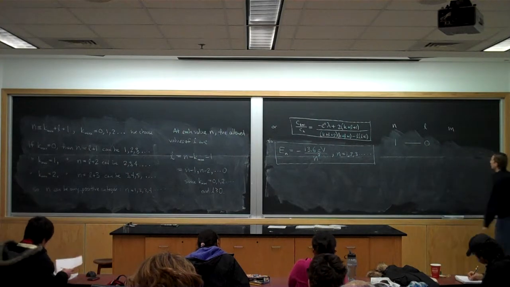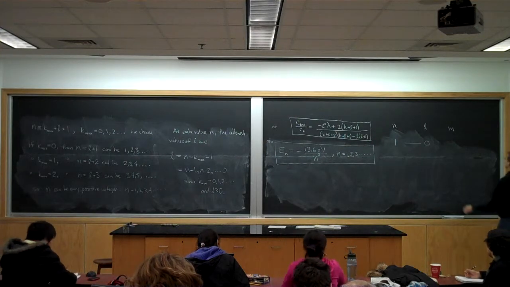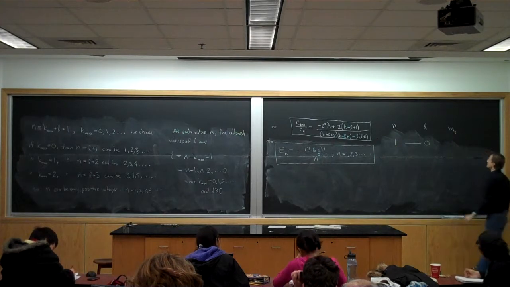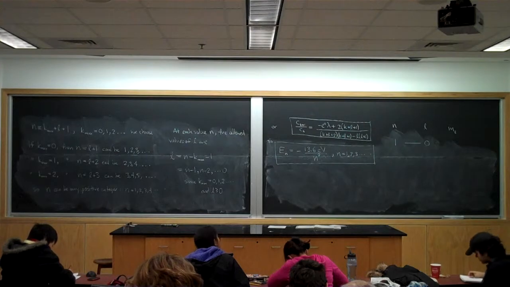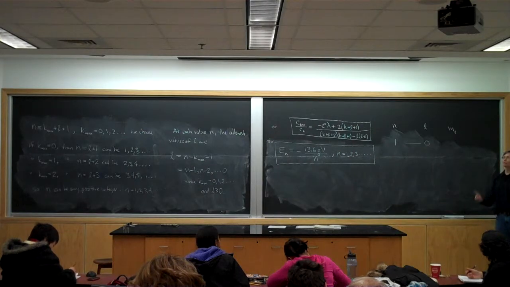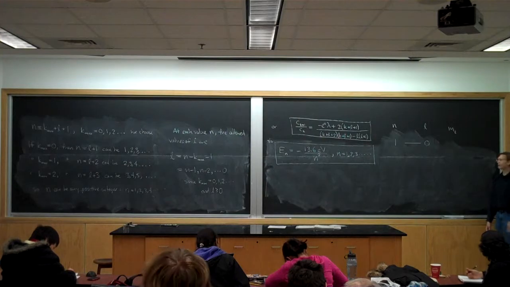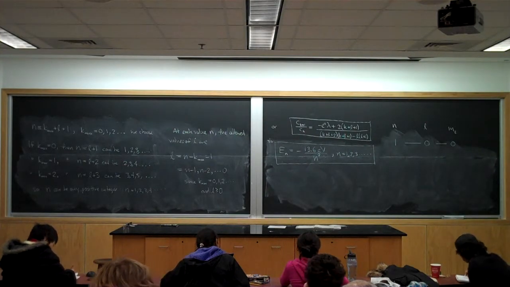What values of the other quantum number, m, which sometimes we leave undecorated, sometimes we call it m sub L to emphasize it's associated with orbital angular momentum, can go with L equal to 0? Well, m goes from minus L to L in steps of 1, so in this case that's minus 0 to 0, or in other words, m sub L has to be 0.